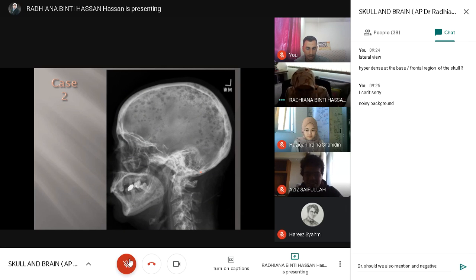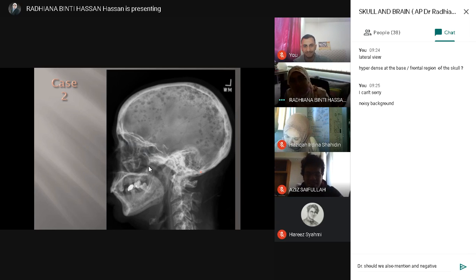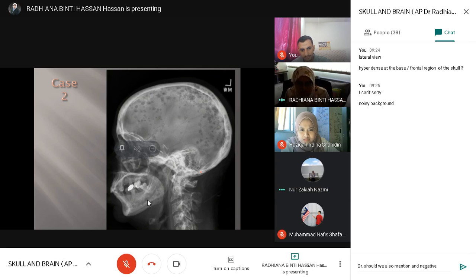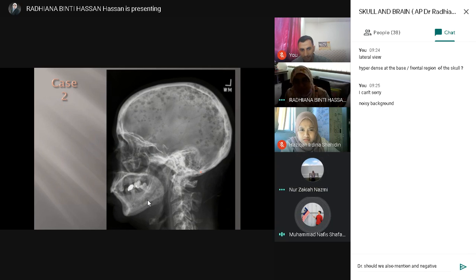So diagnosis? Multiple myeloma. Okay. So what you want to add from your friend's description? Instead of sclerotic, I think it's more to lytic.